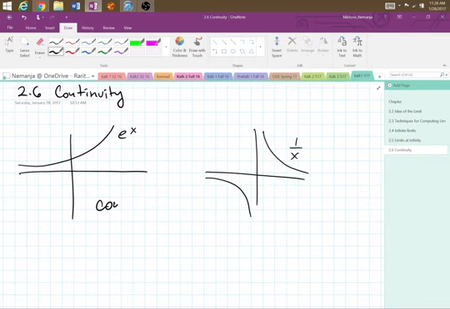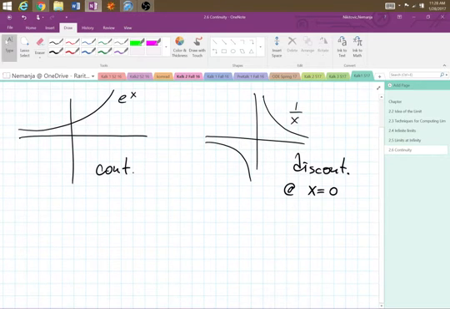So this one is continuous, and this one is discontinuous at x equals 0. So this idea of continuity at a point is the major idea, and we start by defining that first.